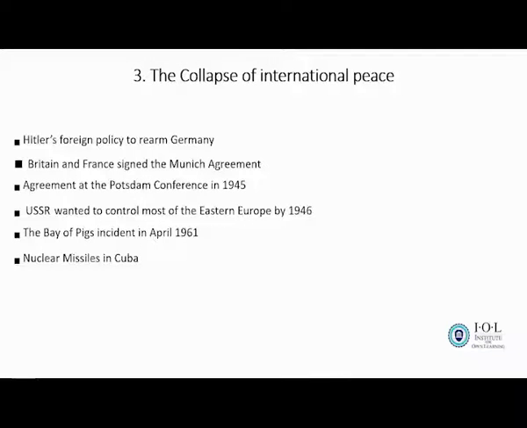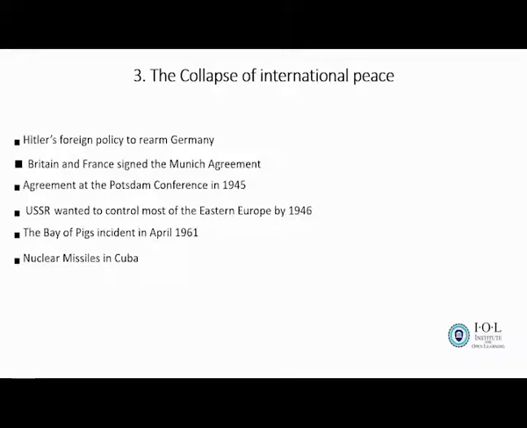Why? What was the main aim of controlling most of Eastern Europe? We were told that it wanted to control most of Eastern Europe by 1946. The main aim was to spread communism. Remember that USSR and USA were not on very good terms after the end of the Second World War, because USSR was communist and USA was capitalist.